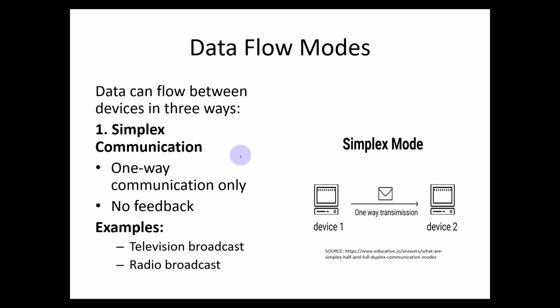Basically, there are 3 common ways that data flows between devices. These modes are simplex communication, half duplex communication, and full duplex communication. These are the 3 basic ways through which data moves from one point to the other. So we'll explain these 3.